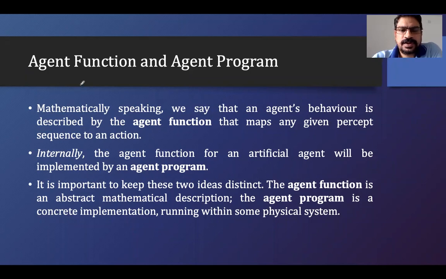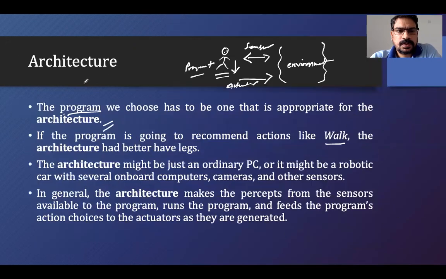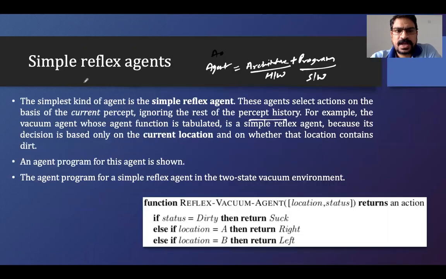The agent function and the agent program we have already seen. Let's go into the simple reflex agent. As I told you, we have the current percept, and based on the current percept, whatever action is defined in the table, it works on that.